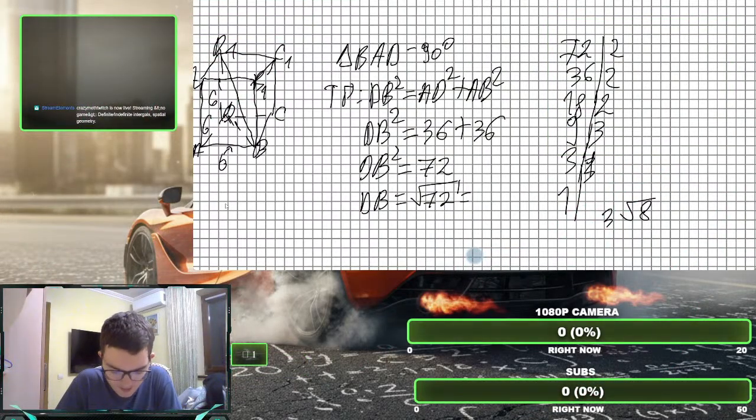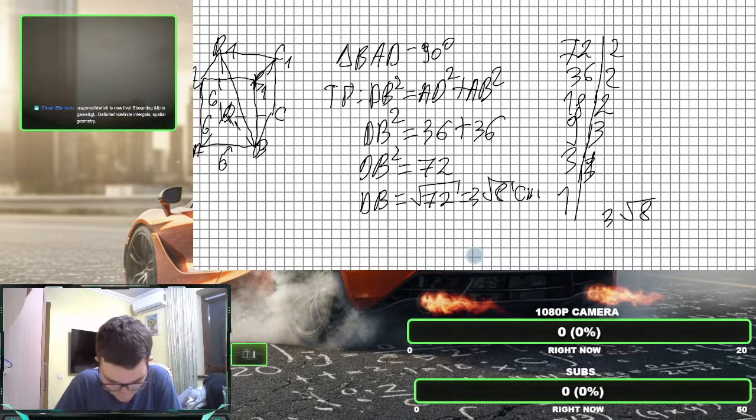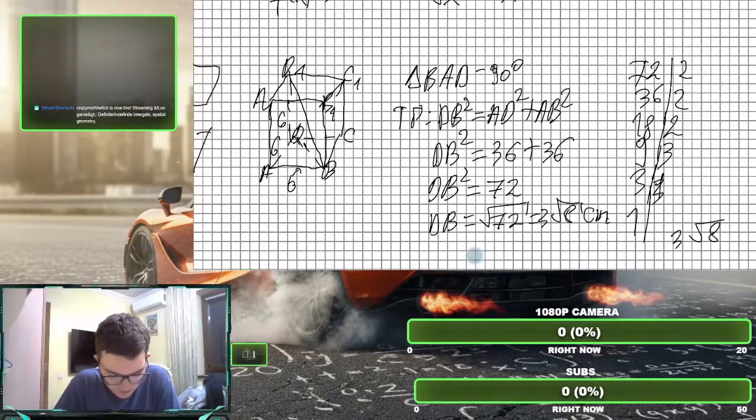Maybe it's not the best notation, but this is what I have. 3 square root of 8 centimeters.